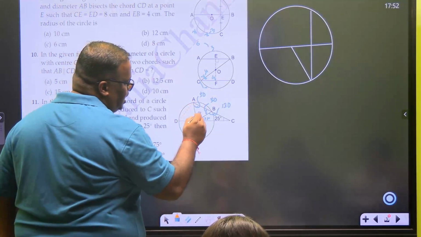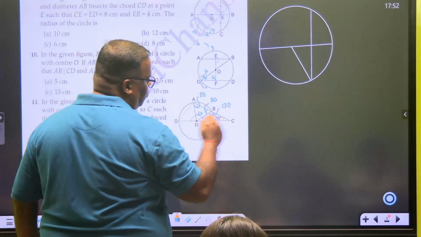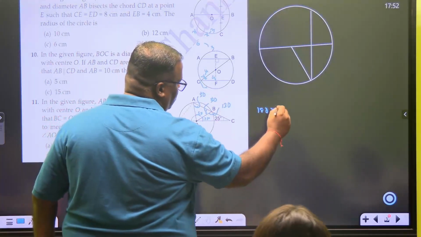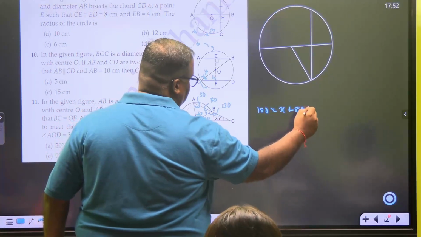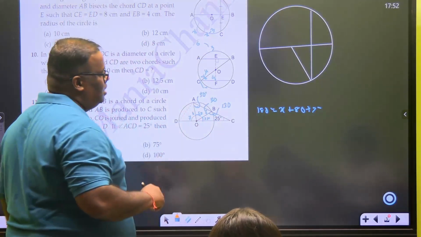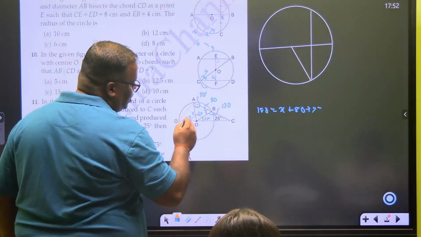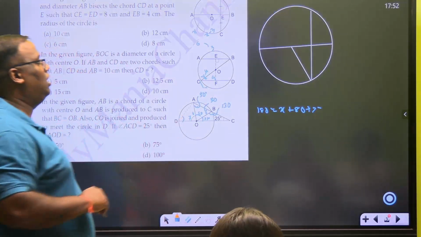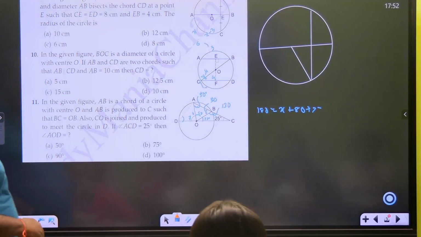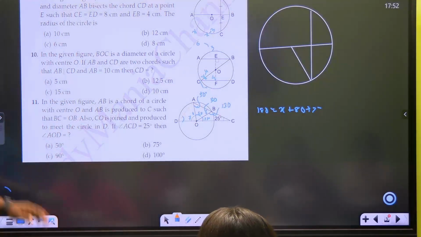Then this one is 80. 180 is equal to x plus 80 plus 25. So this one will be how much? 75 degrees. But you need which angle? You need the value of which? Now you tell me. What do we need? AOD. AOD 75 has come. So it is done.